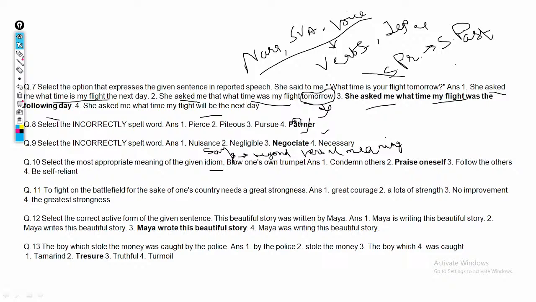Number 11 is "To fight on the battlefield for the sake of one's country needs a great strongness." This is a question of adjective. Here you need, in fact, the correct word. So this is a noun, an abstract noun. Anyway, it is related to vocabs.